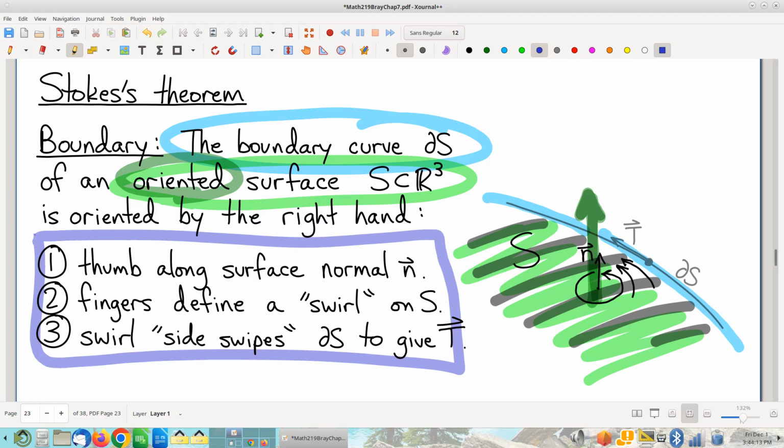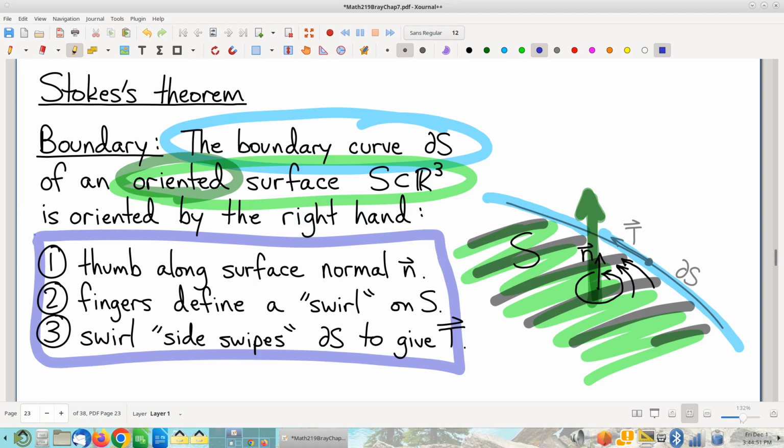With Gauss's theorem, looking at three-dimensional solids, the rule was very simple: away from the solid, very crisp, right? When we're talking about areas in 2 dimensions, always walk around so that the region's on your left. That's pretty straightforward. This one's weirder and harder to describe. Here it is. You start with your right hand. Thumb in the direction of the orientation of the surface, whose boundary you're talking about. Your fingers want to curl a certain direction. I remind you, right hand only.